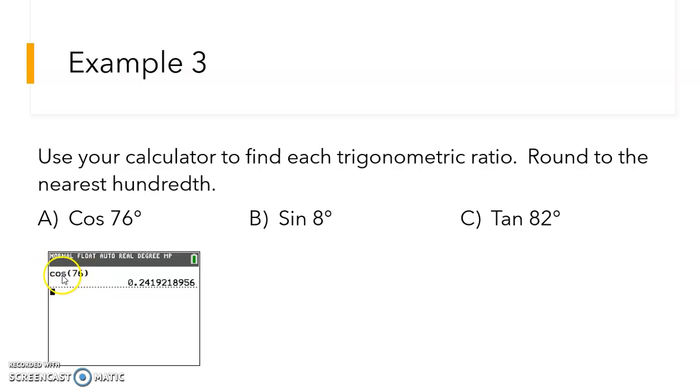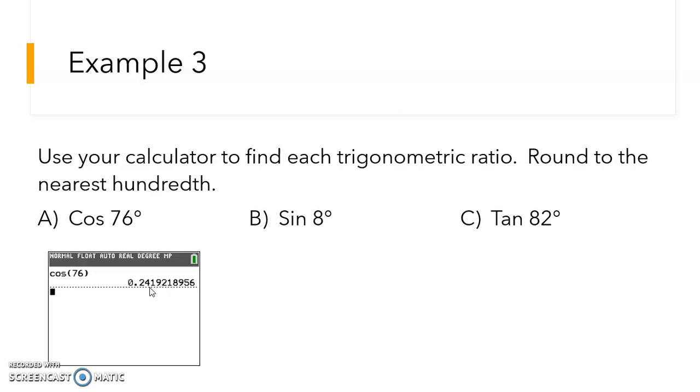This is a special button on your calculator. It's right above the number keys. You'll see the ones that say sin, cos, tan. So you press the cos button and then you type 76. I closed my parentheses, but you don't necessarily need to do that. And then I got this decimal. Now all I have to do is round it to the hundredths place. So the final answer is 0.24.